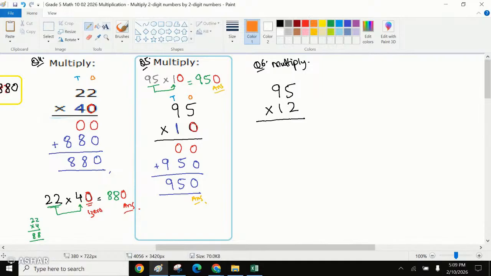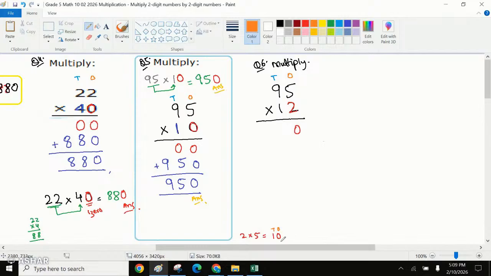We know these were the ones and these were the tens. When the first ones digit 2 is multiplied by 5, we know 2 multiplied by 5 is 10. In this case, this was ones and this becomes tens, right?